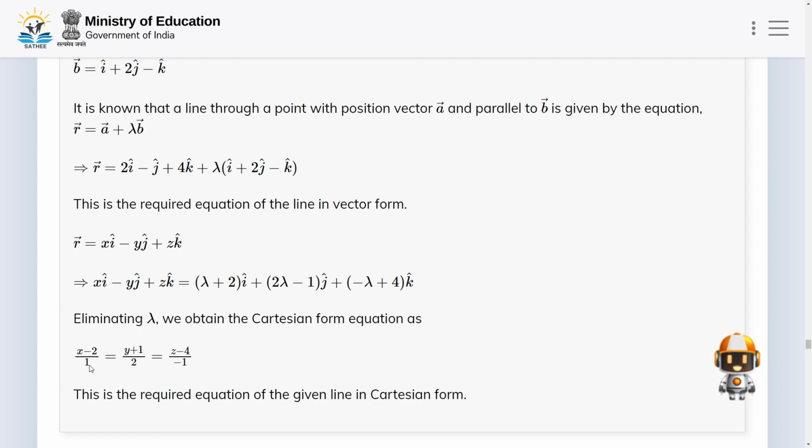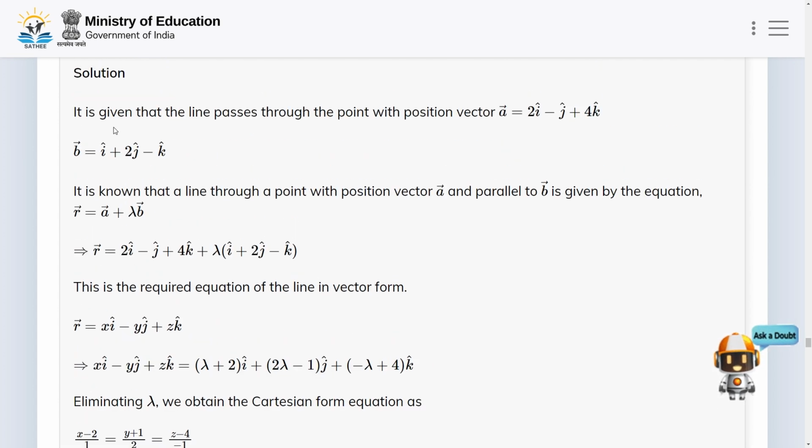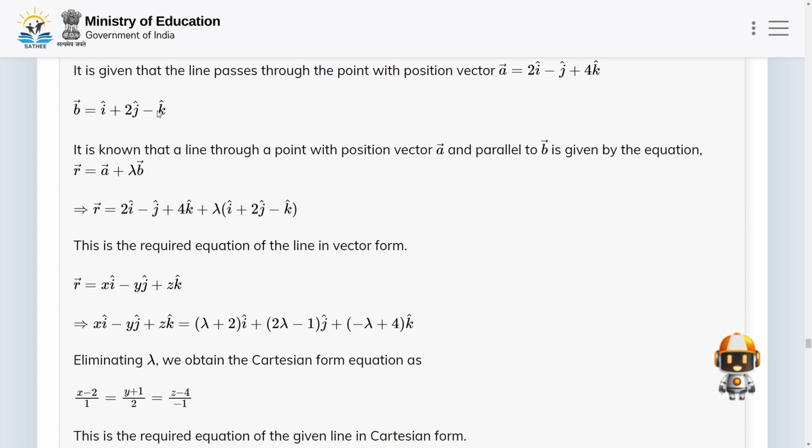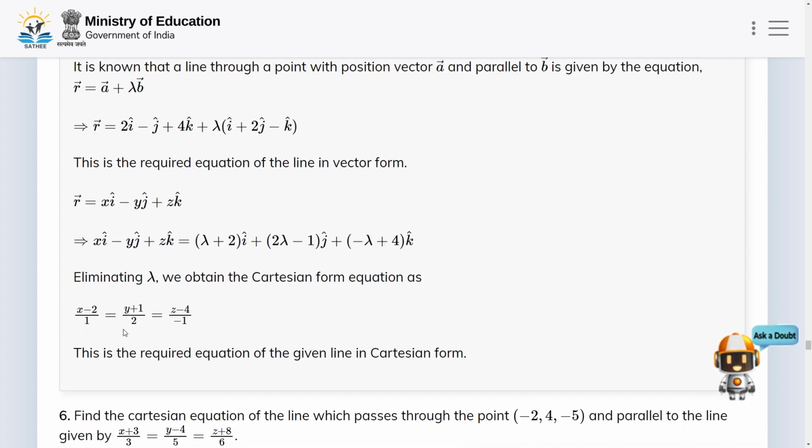And in the denominator, you write the corresponding components from this vector v, 1, 2, minus 1. So as you can see, 1, 2, minus 1. Without writing these steps, you will have your Cartesian form very efficiently and very quickly, comparatively.